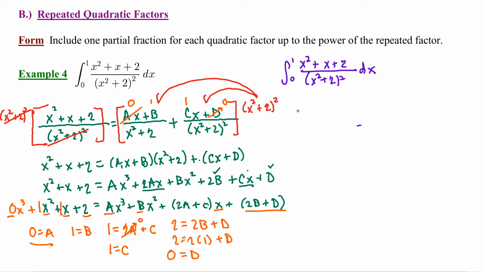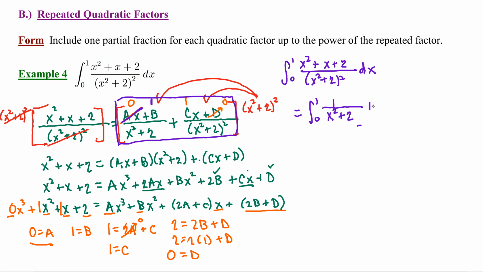We're going to go ahead and expand that fraction according to this model. So we have the integral from 0 to 1. Remember, we figured out that a was equal to 0, b is equal to 1. So my first term is going to look like 1 over x squared plus 2.